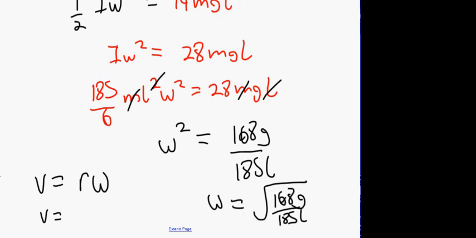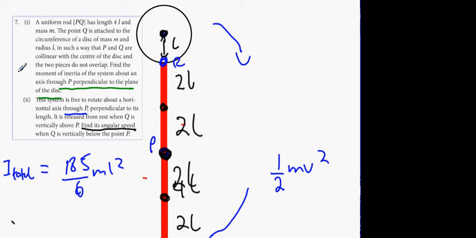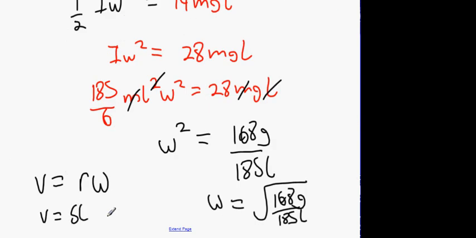Okay, can anybody tell me why it's 5L? Because it's basically 2L, 2L and L. It goes 5L around. See the way this is where it's rotating around, and it's 2L, 2L and L all the way down to the bottom, the standard part, okay? And it goes up 5L to where it was before that, so it's going this distance of 5L, okay? So the radius is 5L multiplied by the square root of 168g over 185L. Alright guys, that's it.